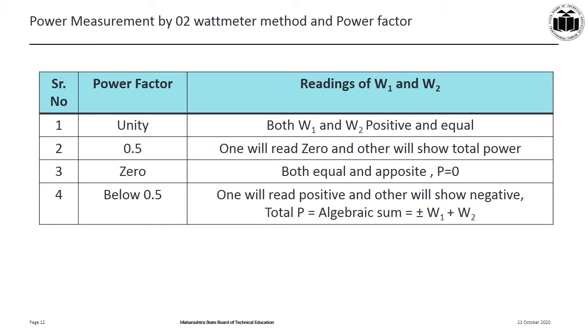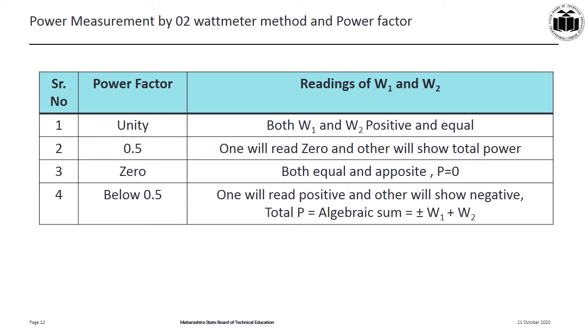Let us now see the effect of variation of power factor on wattmeter readings. When power factor is unity, both W1 and W2 will show positive and equal readings. When power factor is 0.5, one wattmeter will read 0 and other will show the total power.